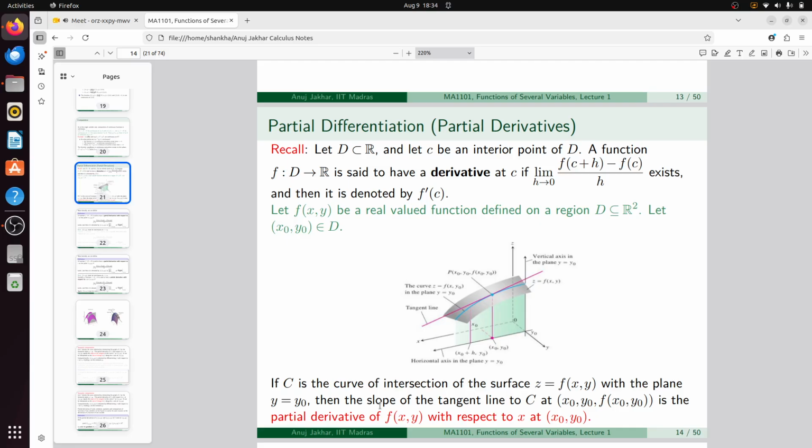For a function of two variables, u is a function of x and y, so you can differentiate u in terms of x as well as in terms of y, right? You cannot alter two variables simultaneously while considering the partial derivative.